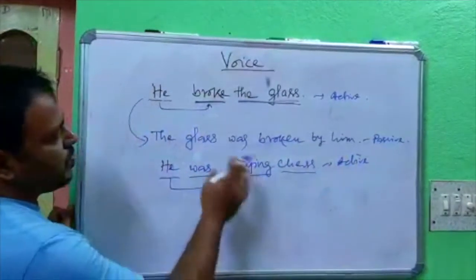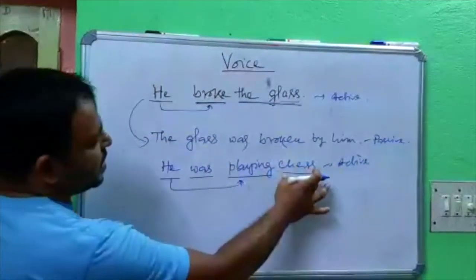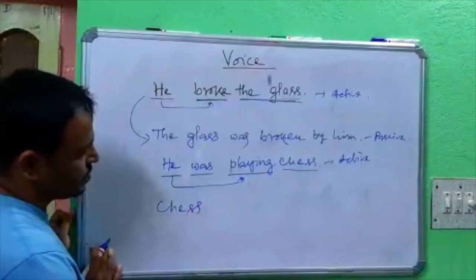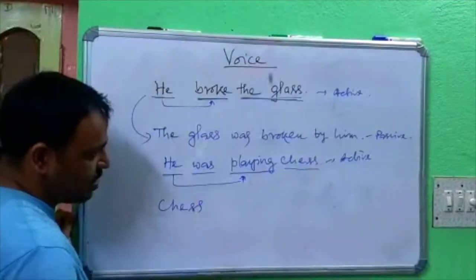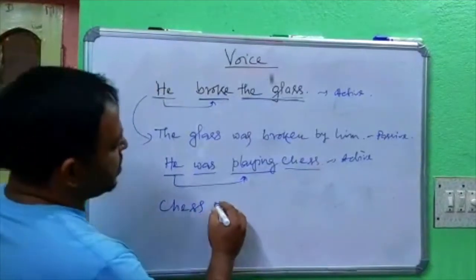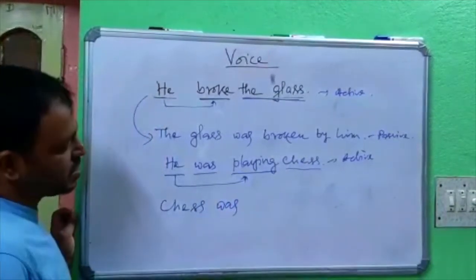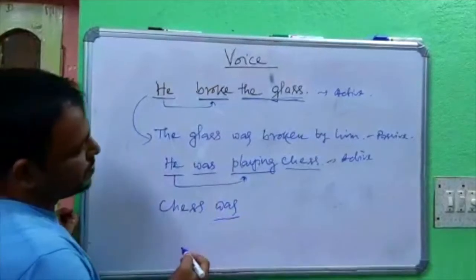It will be changed to passive voice as the object should be chess as subject in passive voice. According to tense, it should be the be verb. For the past continuous tense, it would be was.